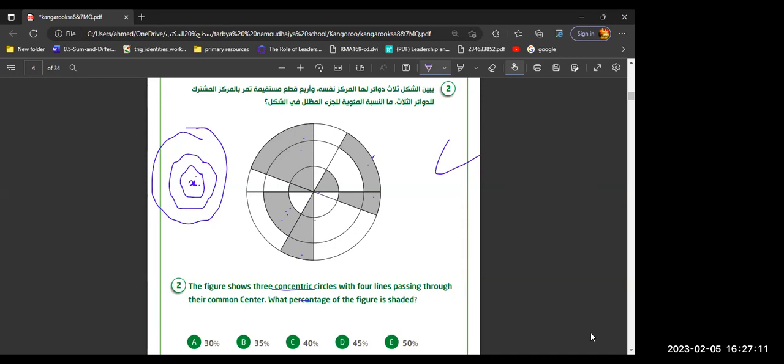What do you think? I agree with them. So we have 50, and who chose another answer other than 50? Me. What did you choose? 40. Okay. All right, guys.